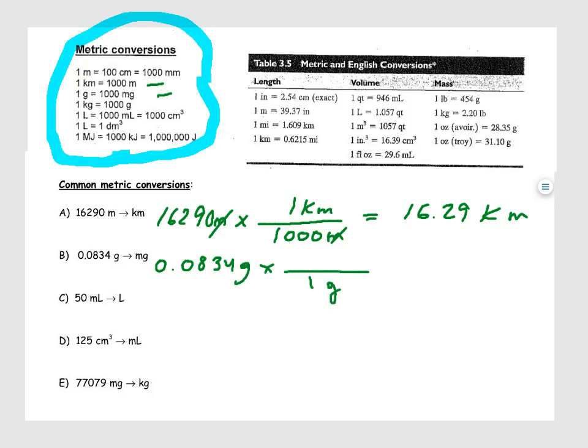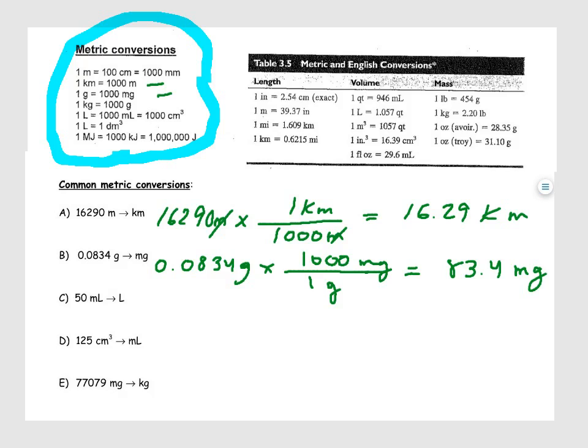So 1 gram on the bottom for every 1,000 milligrams on the top. This time you're going to multiply by 1,000, or move the decimal 3 places to the right. So 83.4, and that has 3 significant digits, and that matches the question.